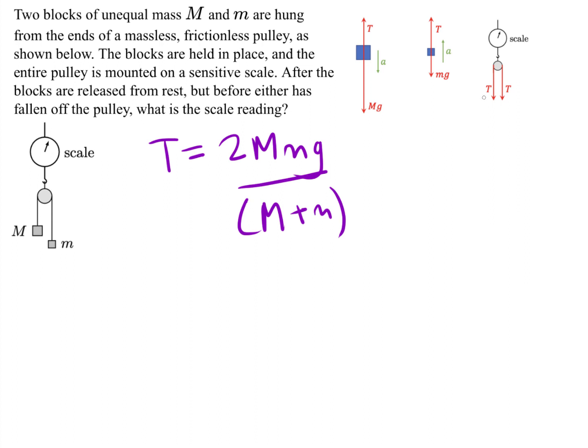But if you look in this diagram, both sides are providing the tension force. So the tension force acting on the scale is actually 2 times the tension force. So you just multiply everything by 2.